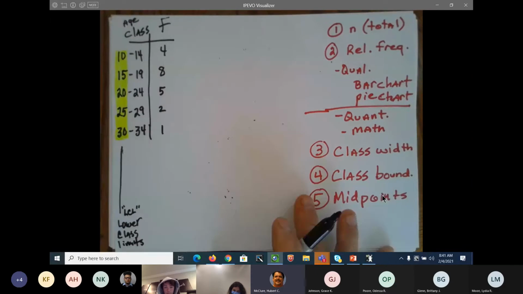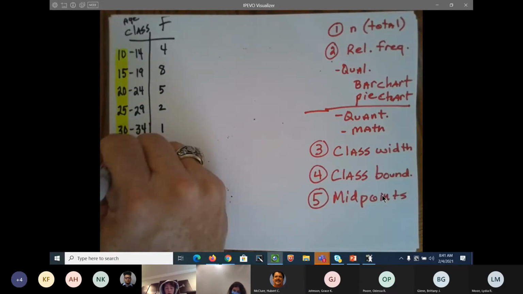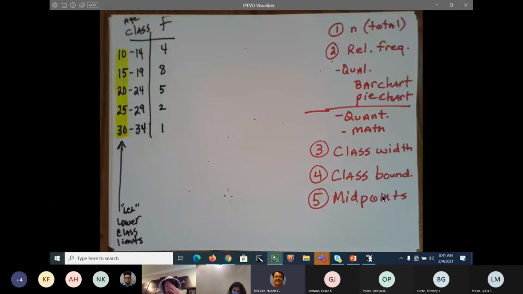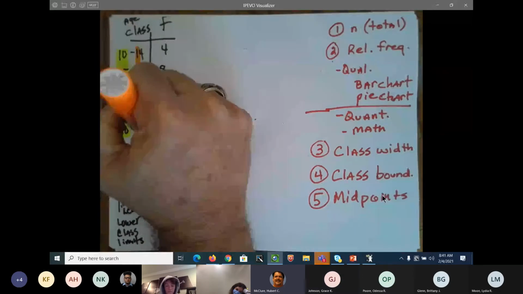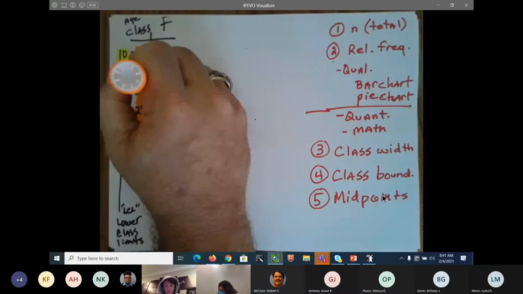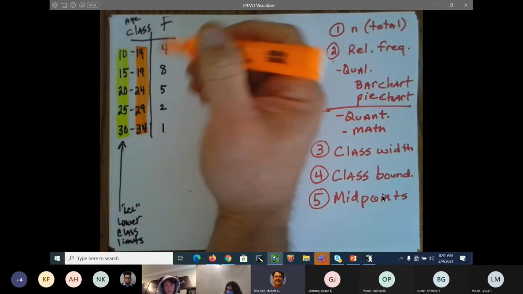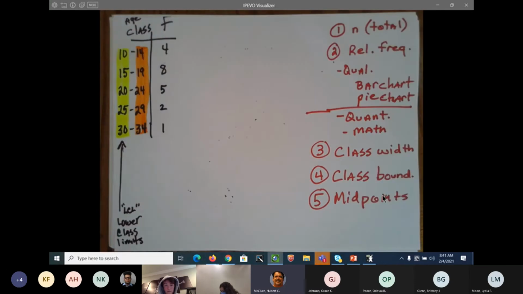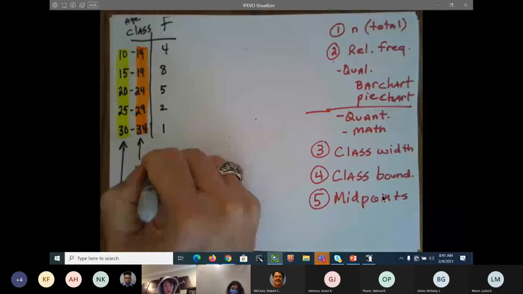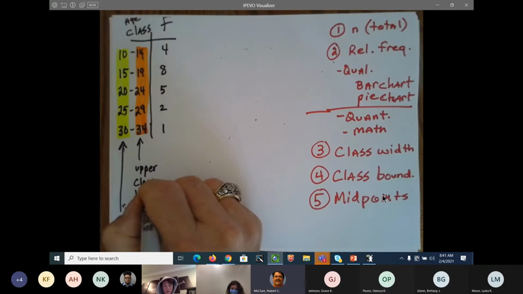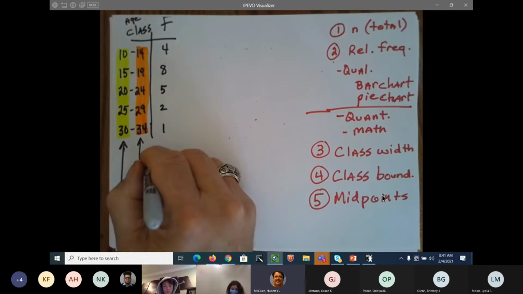And if those are called lower class limits, what do you think the ones on the right are called? Upper class limits. Those are called upper class limits, which I'm going to call UCL.